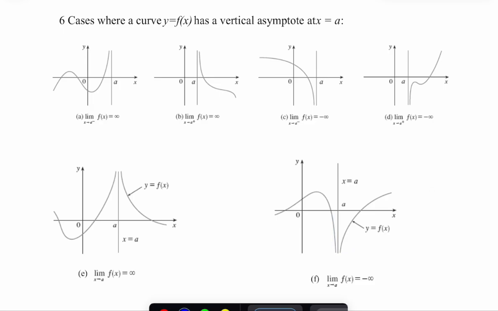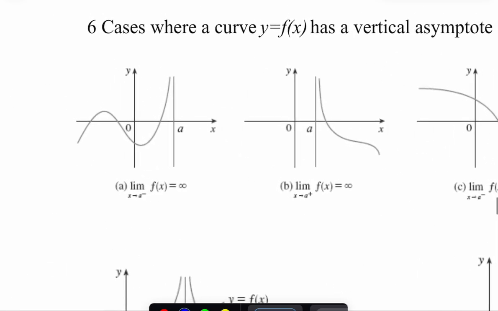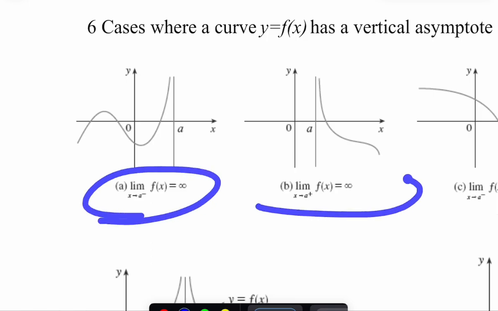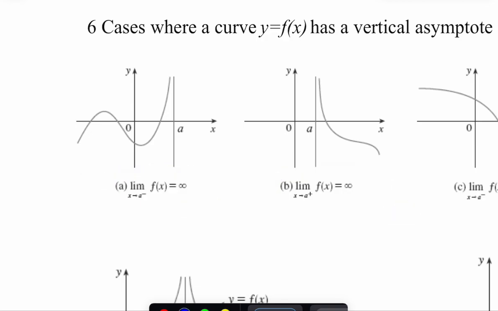Okay. And then let me scroll up so you can see, here's the first two. So that's going to positive infinity. That's an example coming from the left. That's an example coming from the right. So we sometimes refer to that as a one-sided limit.